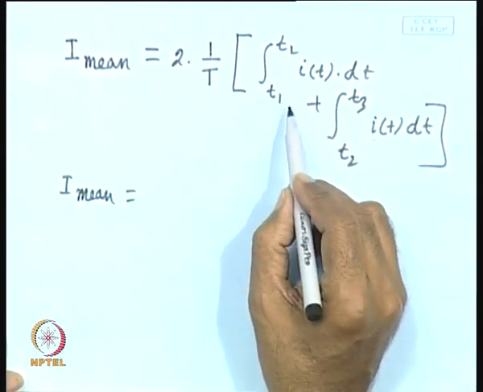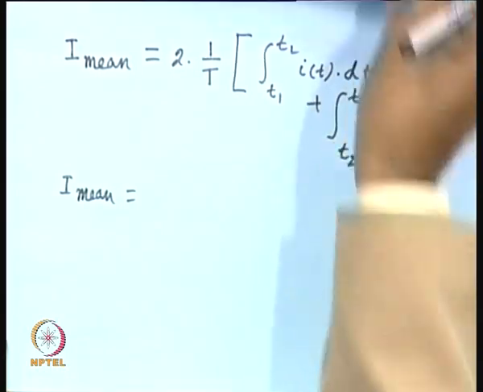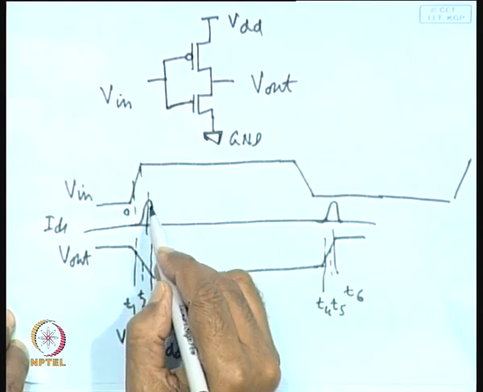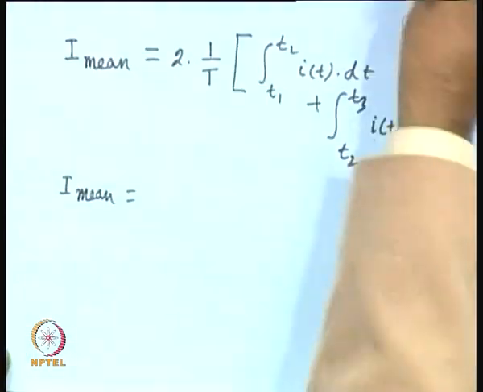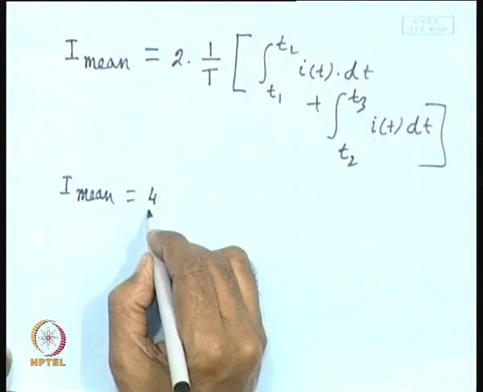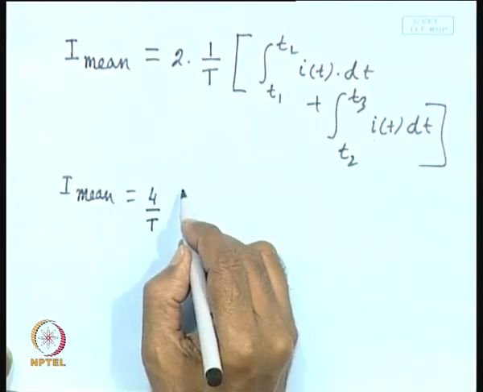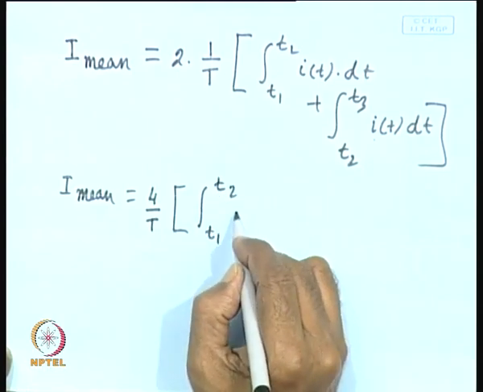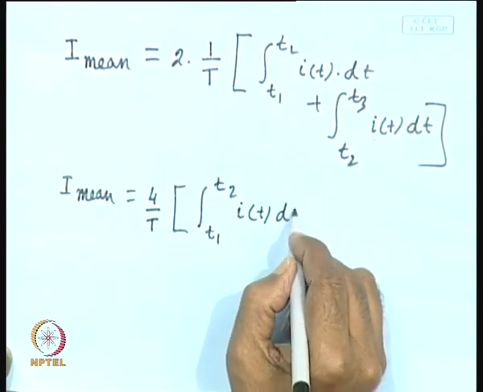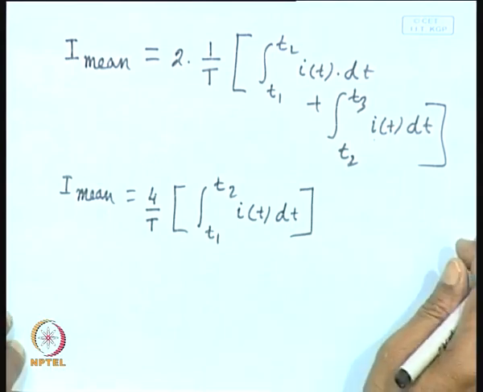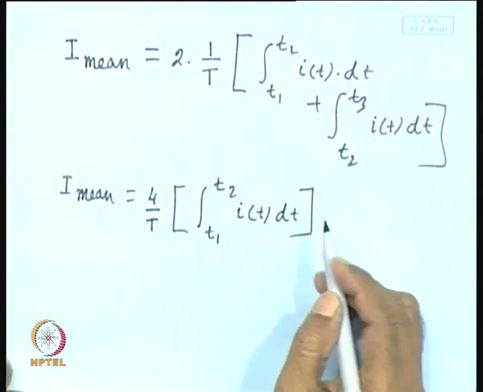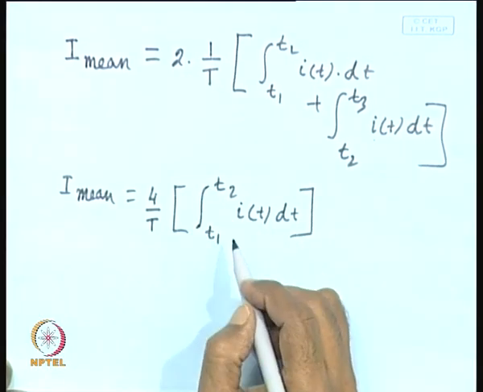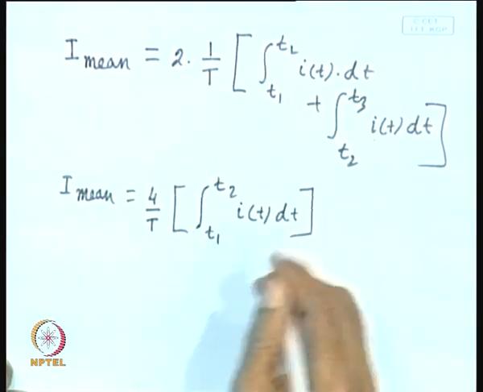So, what we can say that this part, if it is symmetrical, that means if we divide it into two parts, T1 to T2 and T2 to T3, again you can simplify it, say it will be 4 by T and only T1 to T2 IT dt, assuming that all the transitions are symmetric in the sense that for each of them the one may be mirror image of the other.